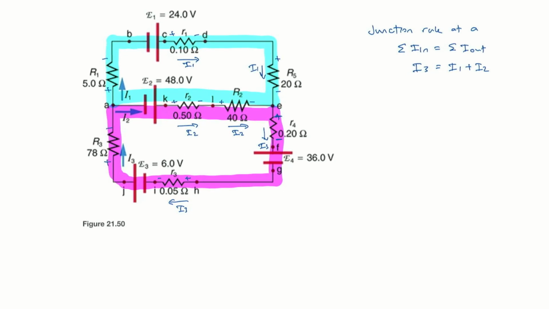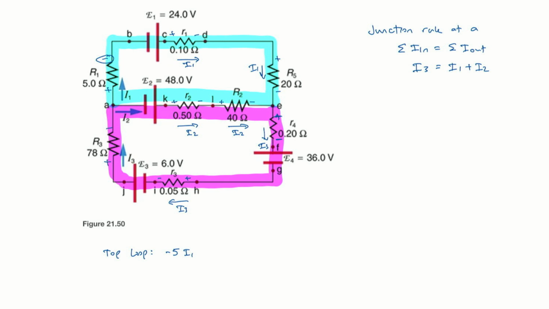So let's just say top loop. We'll start at A, and we see the minus sign. So we're going to have minus I1 times R1. R1 is 5 ohms, so we have minus 5 I1. Next is the EMF 1.